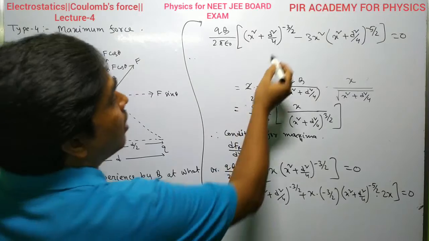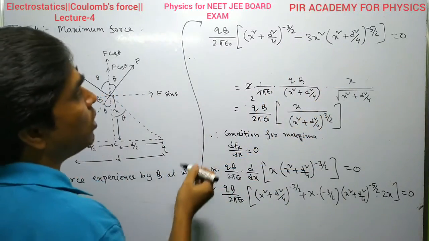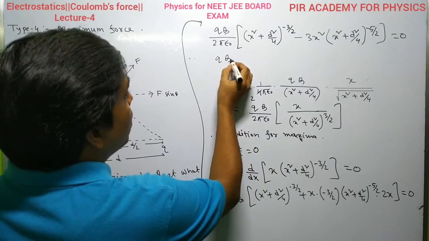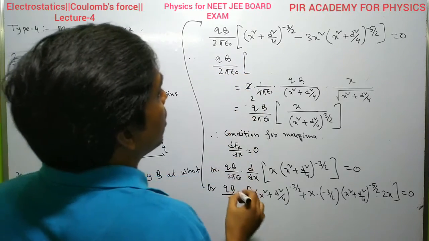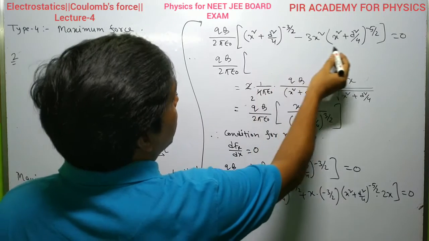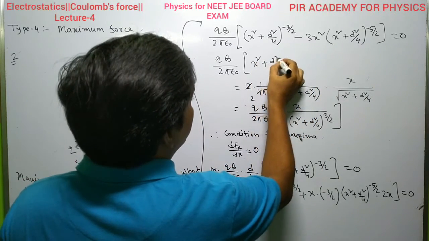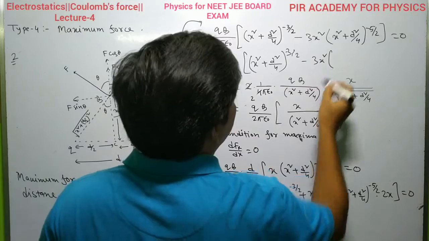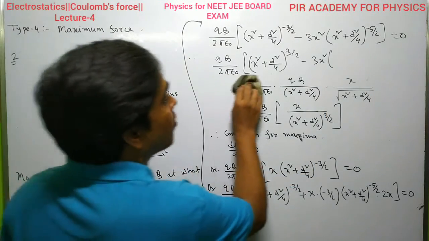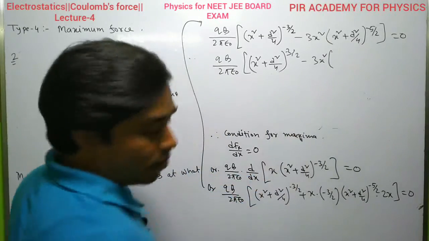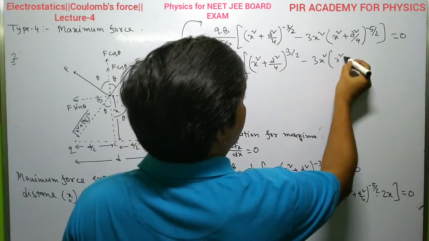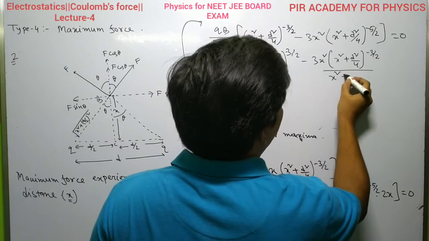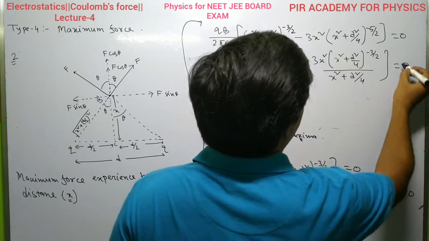So this is 3 by 2 and this is 5 by 2. Then it will be q by 2 pi epsilon naught, (x square plus d square by 4) to the power 3 by 2 minus 3x square, divided by (x square plus d square by 4). This is 0.